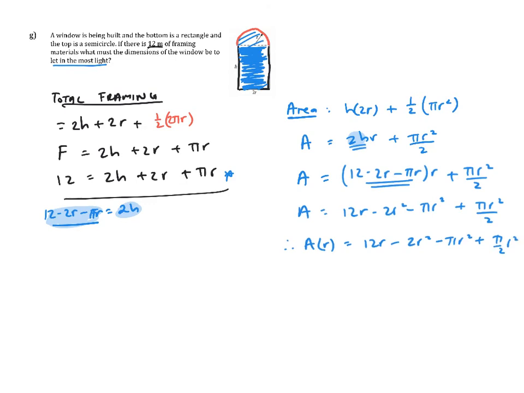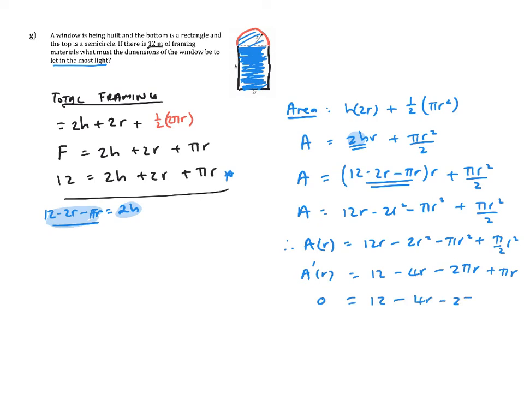The minus pi r squared plus a half pi r squared is of course going to equal minus half pi r squared. But if you didn't see that immediately, because that is a bit of a notch up, you can find the derivative. So that's 12 minus 4r minus 2 pi r plus pi r, since 2 times pi over 2 is pi, and you let the derivative equal 0.